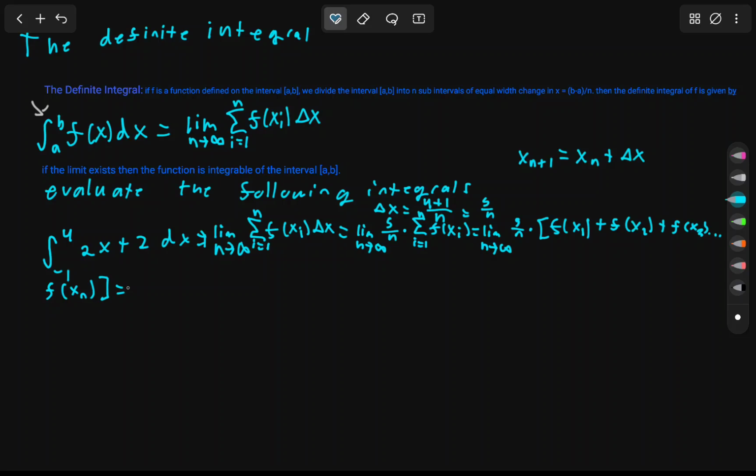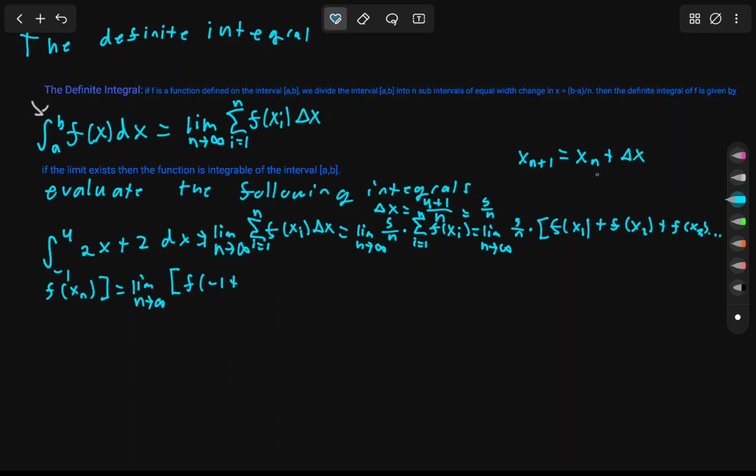So this is now equal to the limit as n goes to infinity of 5 over n times f of the starting point, which in this case is -1. I chose this to be actually kind of difficult for a starting one, but this should be fine.